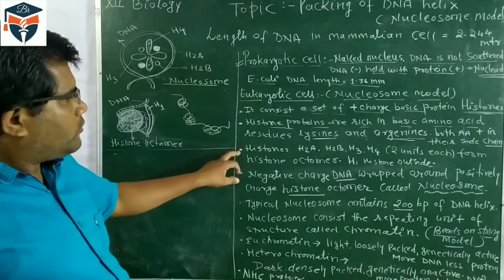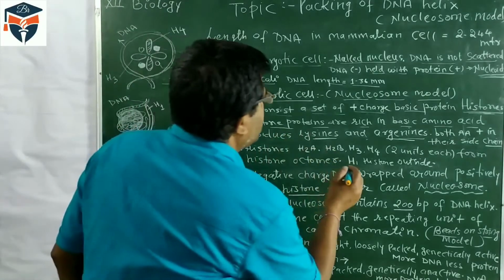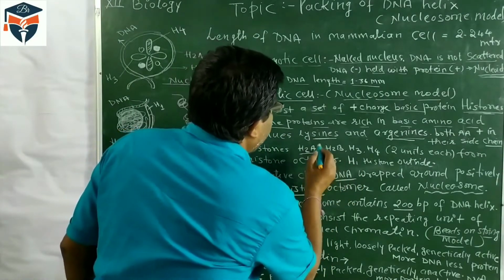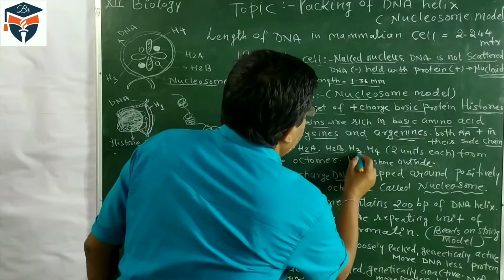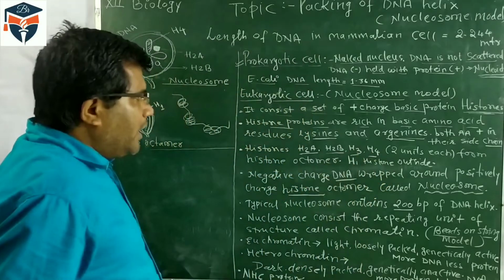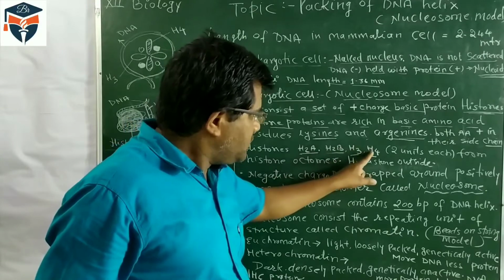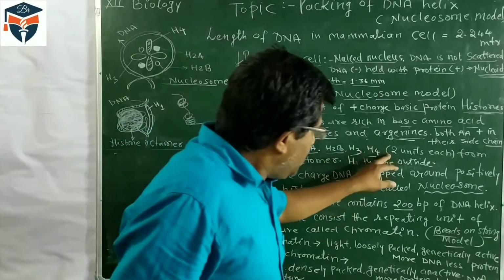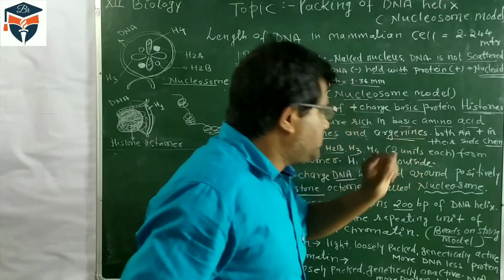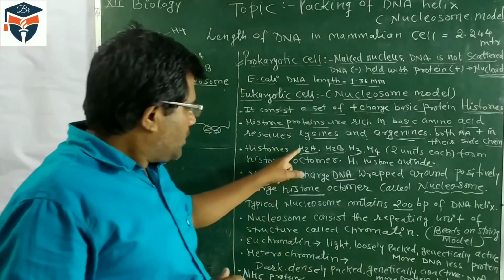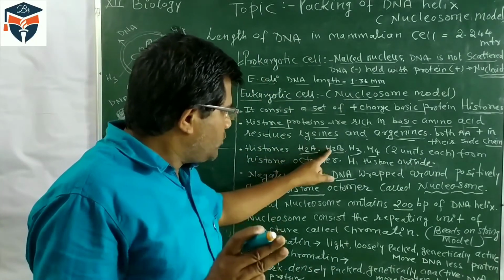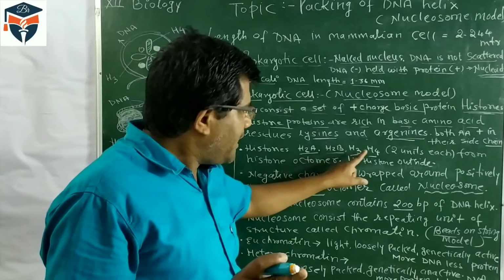In these histone proteins, there are types of proteins: H2A, H2B, H3 and H4. And of each protein, H2A, H2B, H3 and H4, there are 2 units. H2A 2 units, H2B 2 units, H3 2 units and H4 2 units.